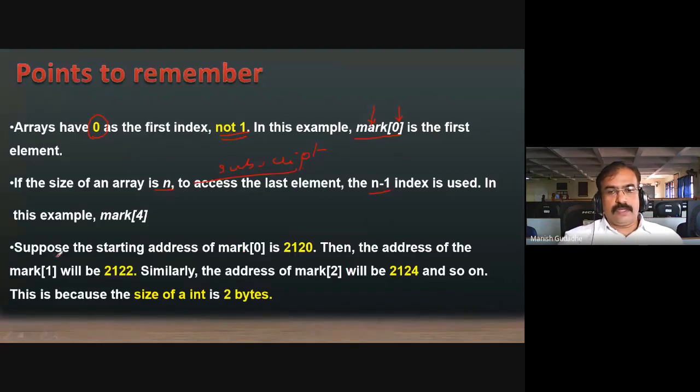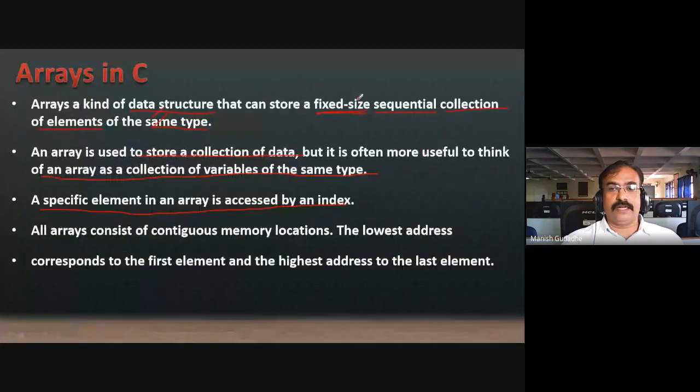And if mark 0 is at memory location 2120, then at every second location you are going to get the next element. So go on adding 2, because the size of an integer is 2. If you are taking a float array, go on adding 4. Array is a group of similar elements, and that's why in the very first slide I mentioned the fixed size, and said we'll come to this later.